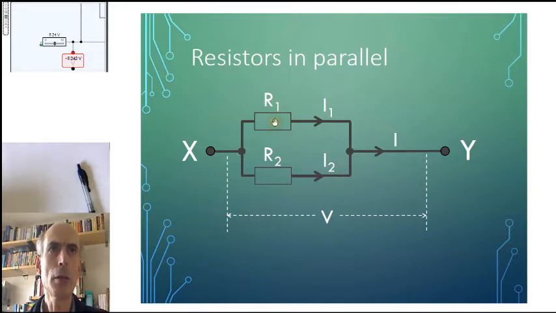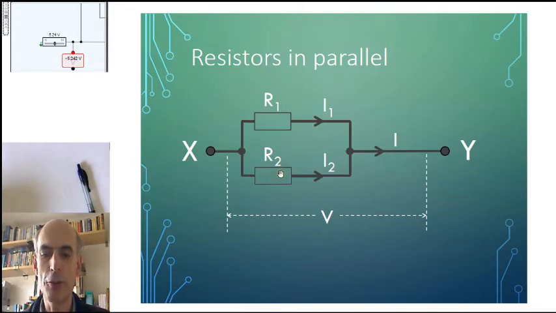So, let's apply Ohm's law to this situation and see if we can produce something of the form total voltage from X to Y equals total current flowing from X to Y times an effective resistance which behaves the same as these two resistors in parallel.